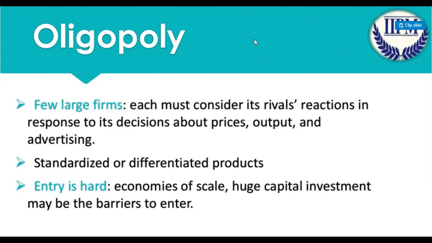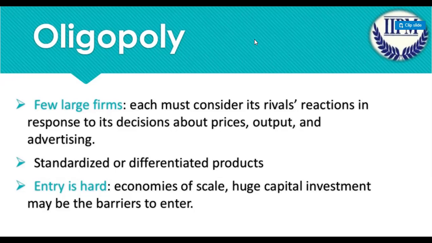Next is entry is very hard. Actually, in oligopoly, it is a very hard competition. In this, it is difficult to enter. The main reason for few firms under oligopoly is the barriers which prevent the entry of new firms into the industry, because the competitors will come.